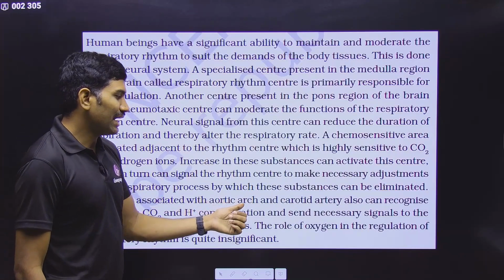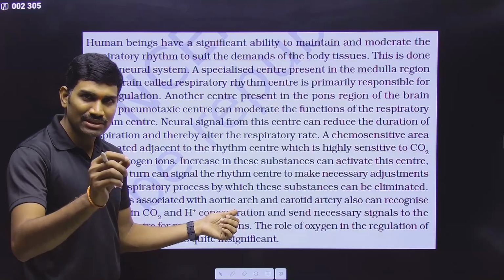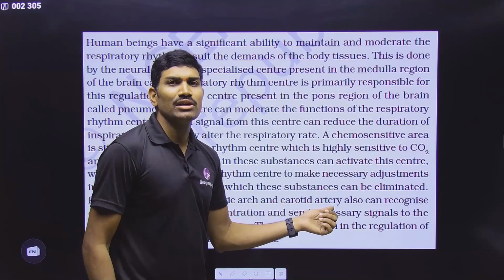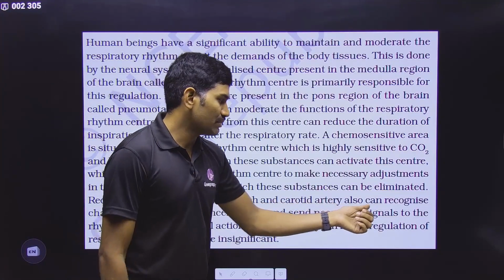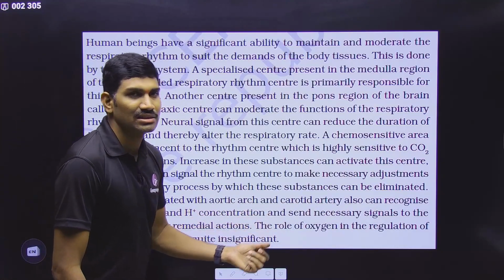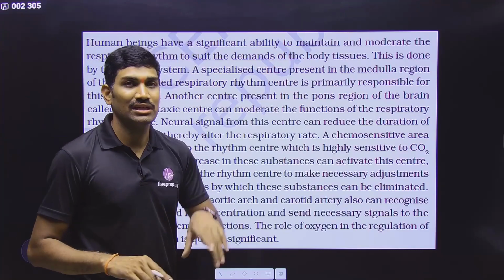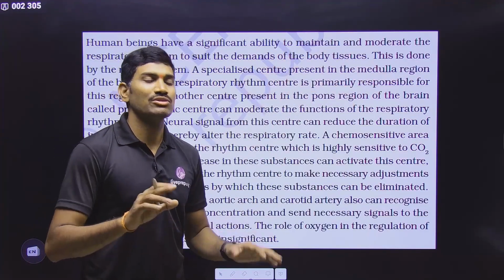Receptors associated with the aortic arch and carotid artery: the aorta is having some receptors, and the carotid artery also has some receptors, and they also recognize changes in the CO2 and H plus ion concentration. Here, at the level of blood circulation, the levels are measured and information is given to the chemosensitive area.